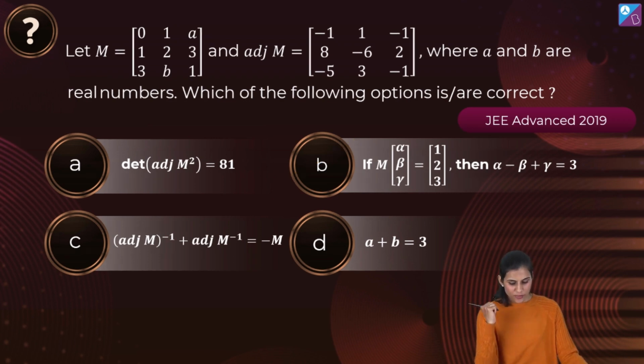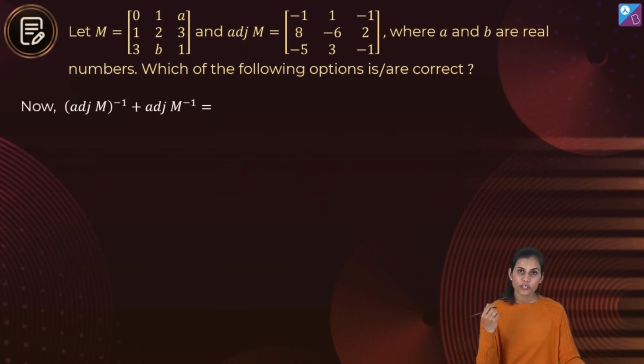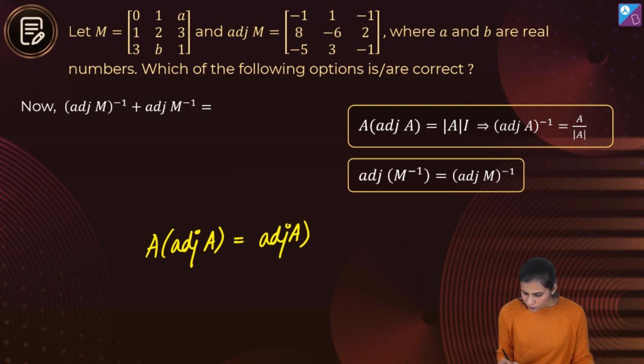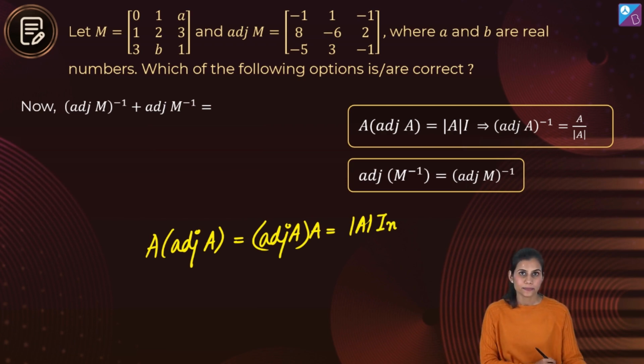It says adjoint of M whole inverse plus adjoint of M inverse is equal to minus M. In order to check whether the claim made by this option is correct or not, I want you to recall a very, very important property which says that A times adjoint of A is same as adjoint of A times A, which is further equal to determinant of A times identity matrix of order n.